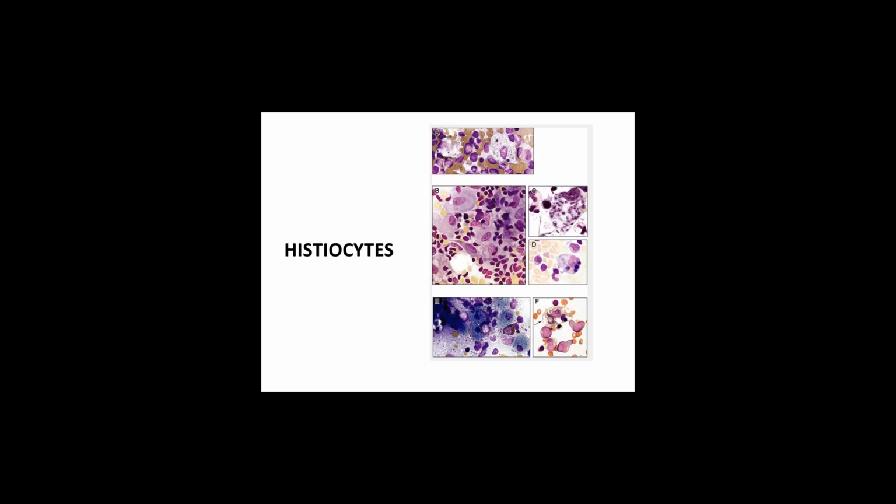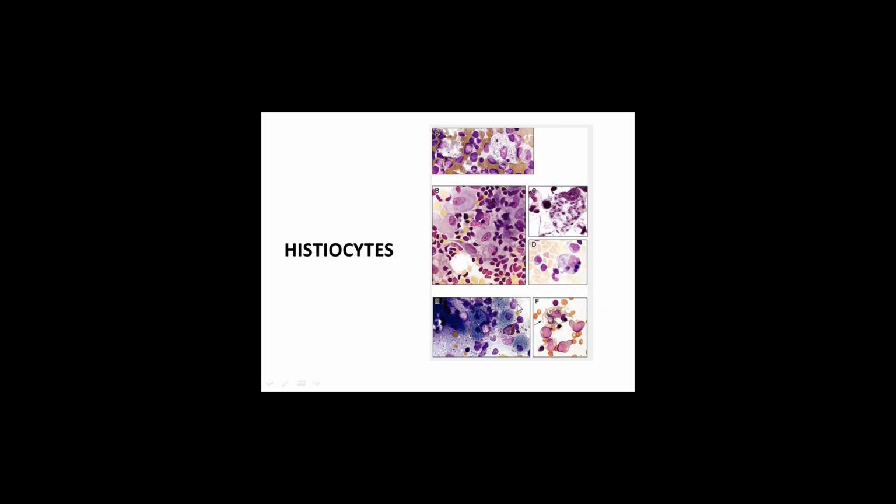These are the various histiocytes. The normal histiocytes that we get. This is something we generally don't get in this form. We get it in this form: the spindle-shaped cell with the processes going all around. And apart from that, we can see erythrophagocytosis or hemophagocytosis.